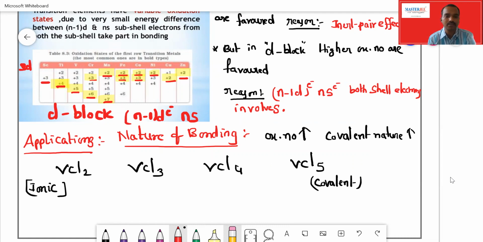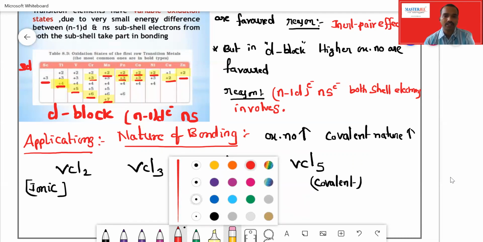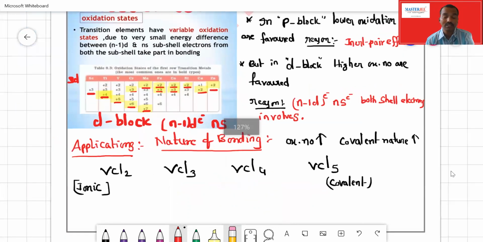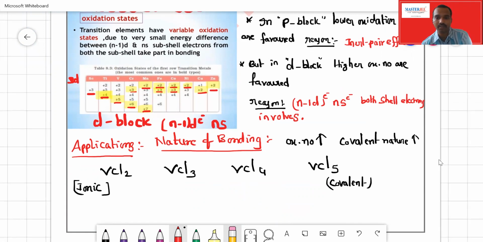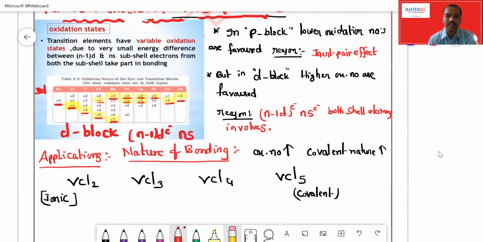Next, when you see these d block elements, the highest oxidation number is the stable one. Why? What is the reason here? Not only ns electrons, but (n minus 1) d electrons also participate. That's why in the d block higher oxidation numbers are favored.